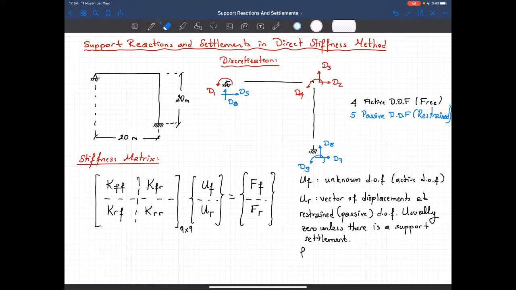FF here is the vector of applied loading or unbalanced forces, and FR being the vector of support reactions.